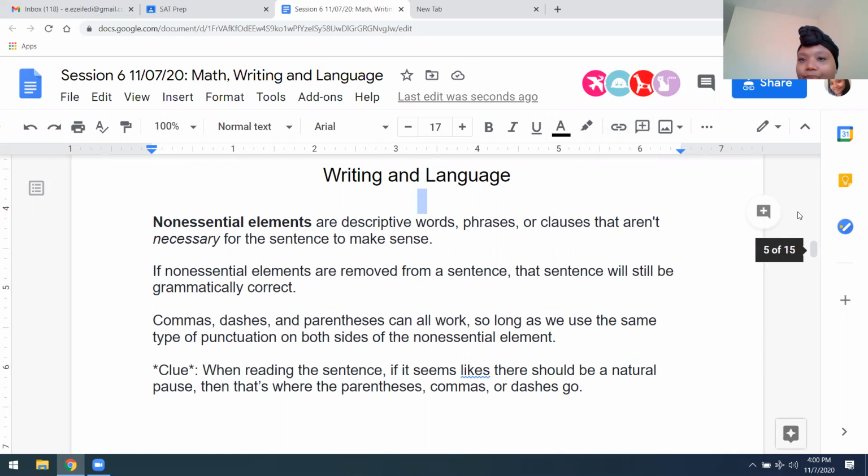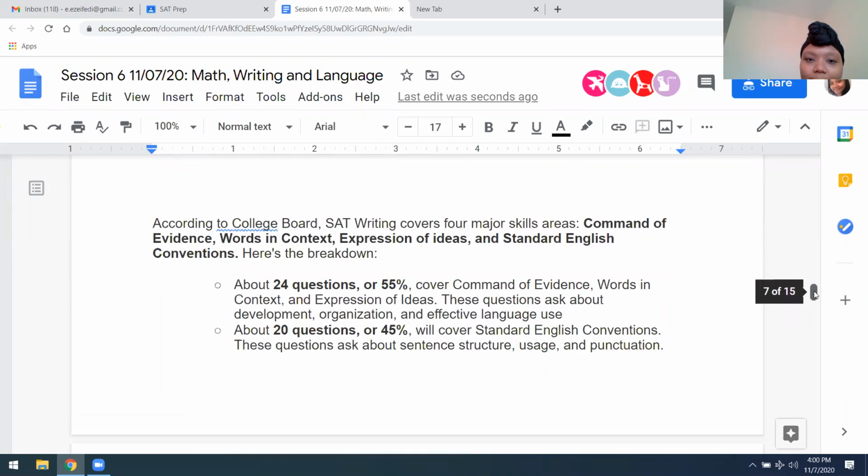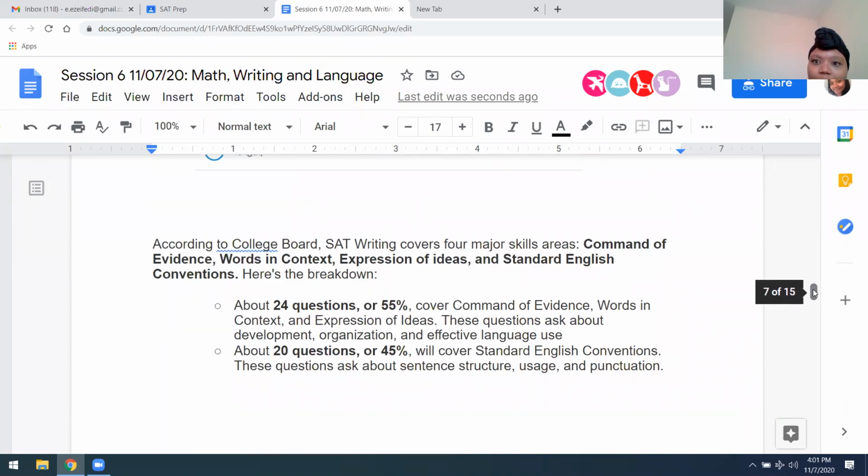Okay, so writing and language. Writing and language is basically grammar and stuff. I believe a good chunk of the questions on the SAT are going to cover this: command of evidence, words in context, expression of ideas, and standard English conventions.